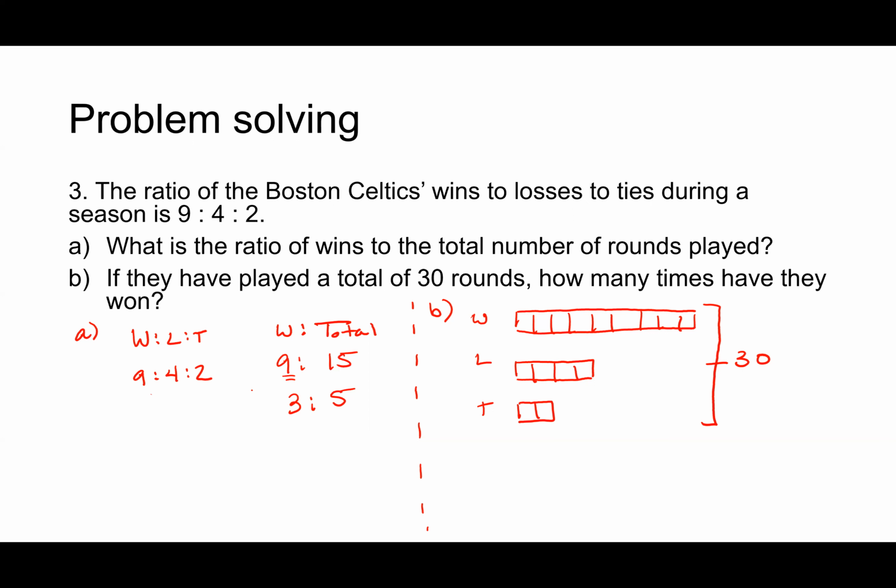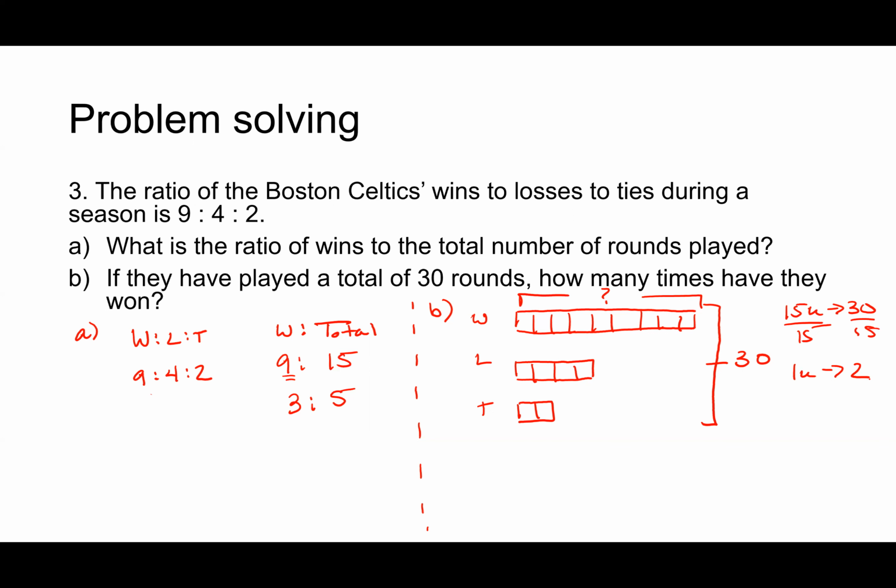So the second problem said, if they have played a total of 30 rounds, how many times have they won? So this is what we're looking for right here. All right. So we already know how many units we have. 15 units is 30. Okay, so if we divide both sides by 15, 1 unit equals 2. What's the question?